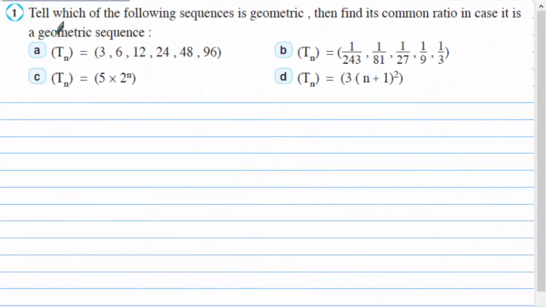Here we have another question. Tell which of the following sequences is a geometric sequence, then find its common ratio in case it is a geometric sequence.